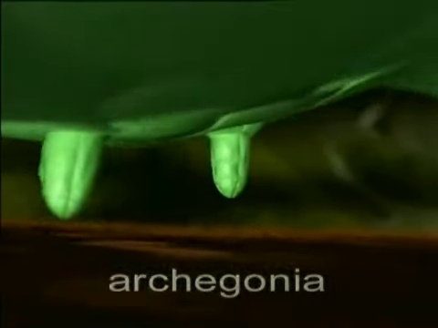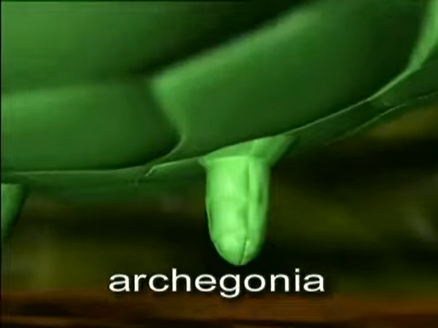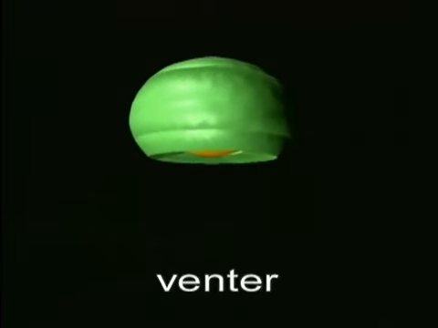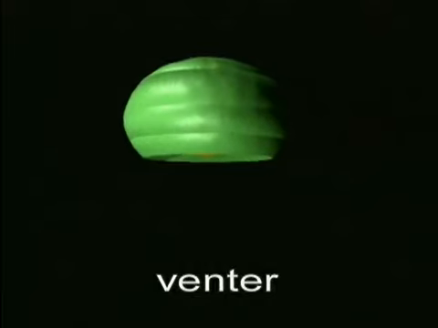At the anterior end of the prothallus, close to the notch, there are female gametangia called archegonia. An archegonium consists of a neck containing a neck canal cell. At the base of the neck, there is a swollen region called the venter that contains an egg cell.